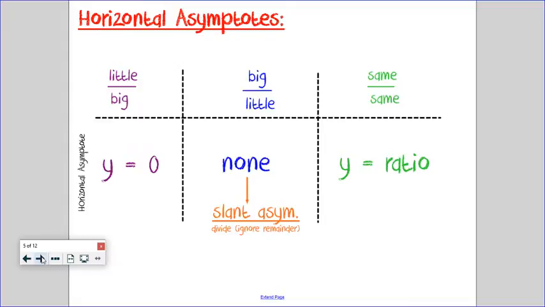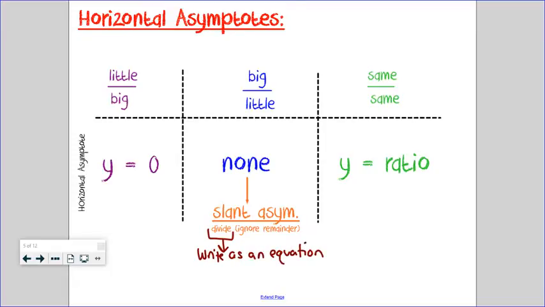Now up there I have that we're going to divide and ignore the remainder. Technically, you get the option to divide using long division or synthetic. I will always show synthetic division. So we will do synthetic division and divide the top of the fraction by the bottom of the fraction. We're going to ignore whatever remainder is there, and then take our answer when we divide and write it as an equation.